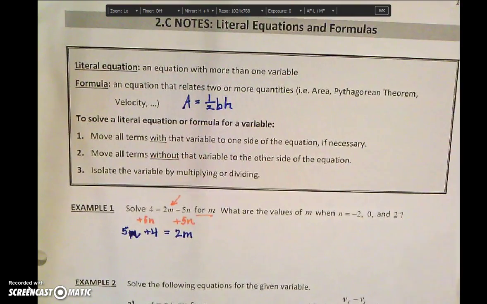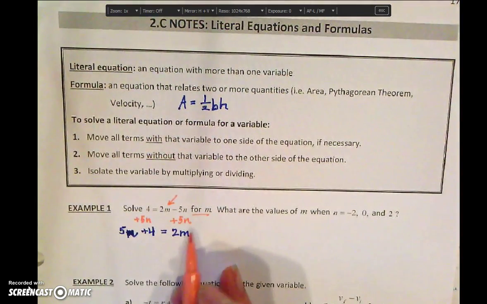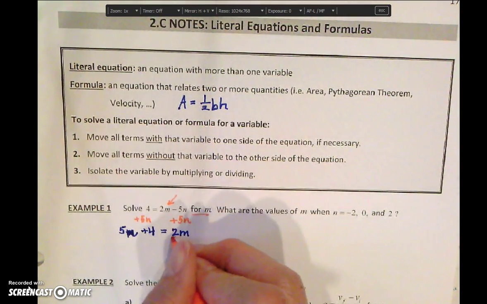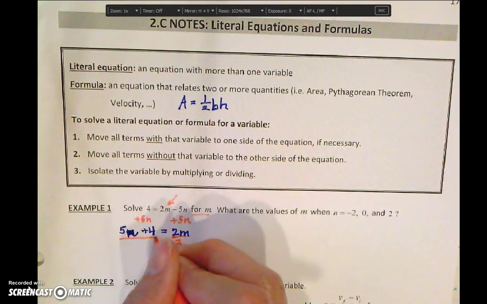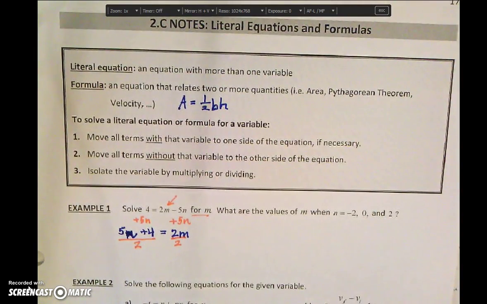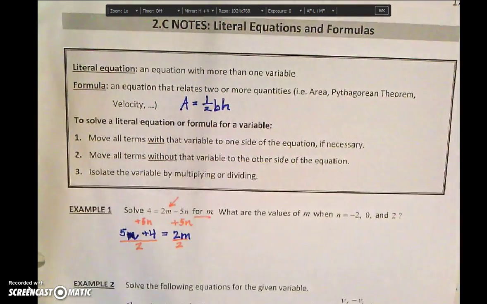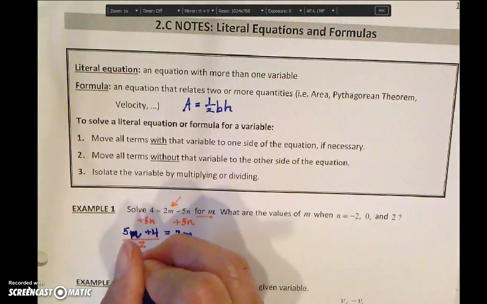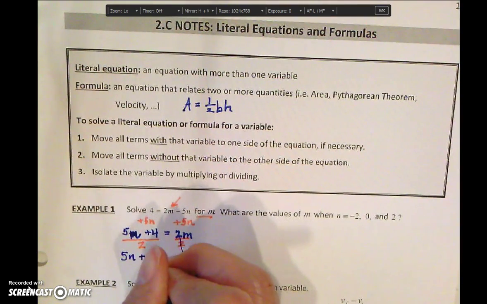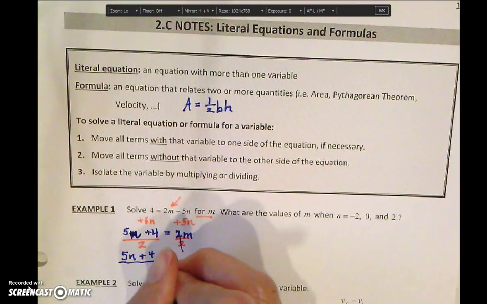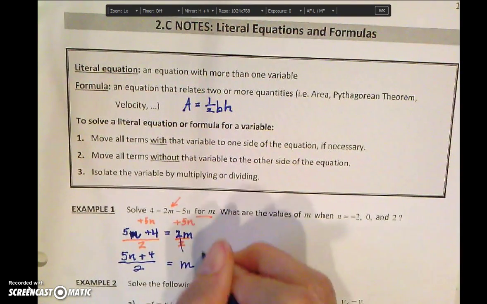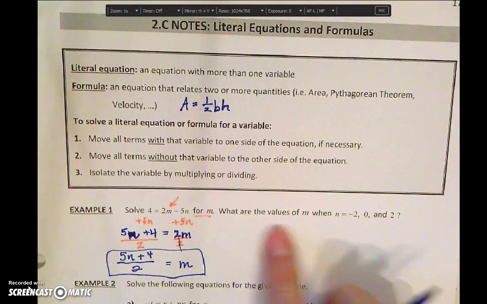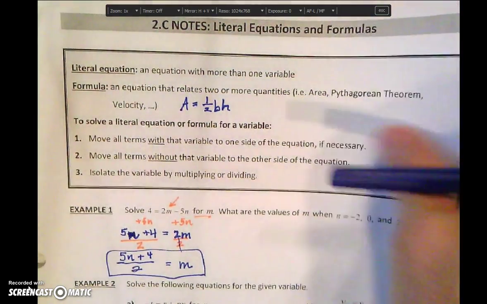All right, so the m term is now on one side by itself. So now to isolate the m, I will need to divide both sides by 2. So my final answer will be that m is equal to 5n plus 4 all over 2. We're going to leave this, and we'll do this in class next time.